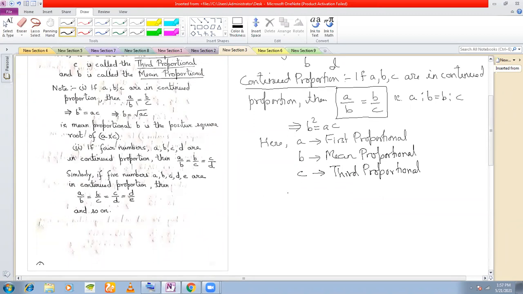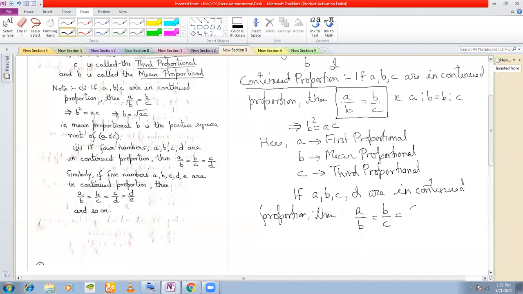What if four numbers are in proportion? Continued proportion. If A, B, C, D are in continued proportion, then we say A by B is equal to B by C is equal to C by D is equal to D by E. That's what we write.